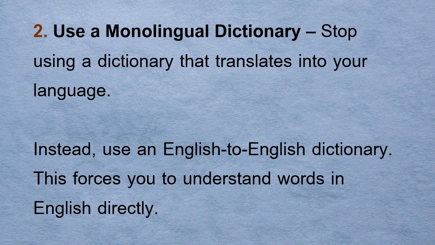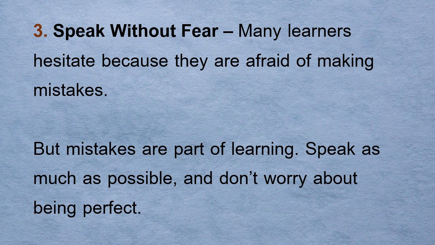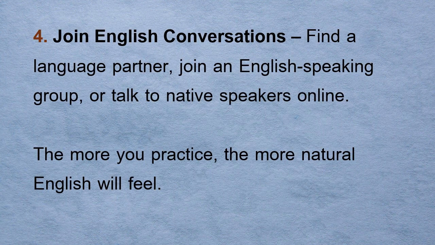This forces you to understand words in English directly. 3. Speak without fear. Many learners hesitate because they are afraid of making mistakes. But mistakes are part of learning. Speak as much as possible, and don't worry about being perfect. 4. Join English conversations. Find a language partner, join an English-speaking group, or talk to native speakers online. The more you practice, the more natural English will feel.